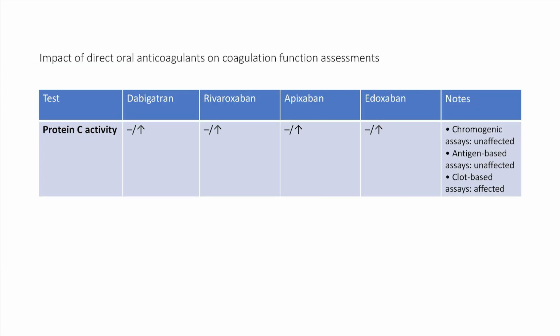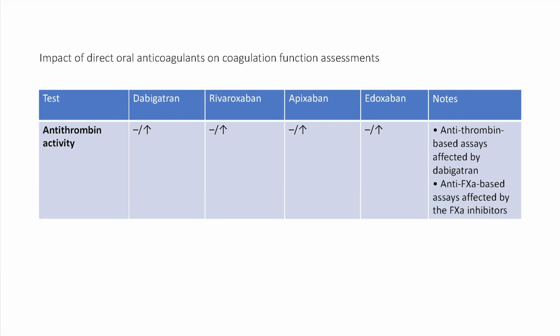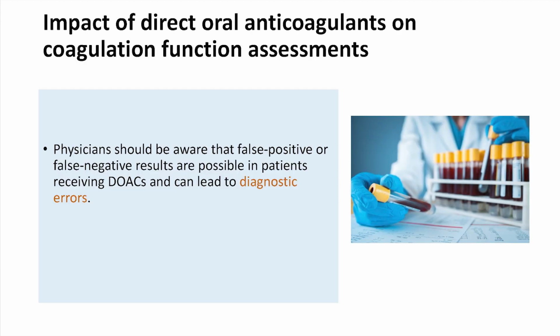Protein C activity may be normal or increased in relation to these drugs. Antithrombin activity can also be affected by the presence of direct oral anticoagulants. This understanding is very important because it can lead to diagnostic error in case of using these drugs when screening with coagulation tests.